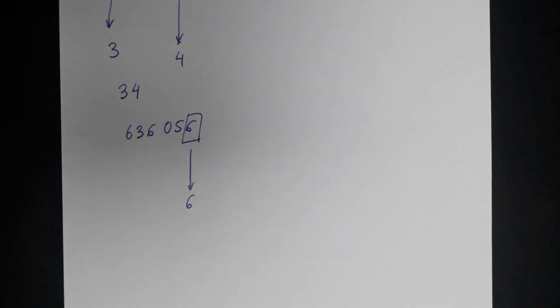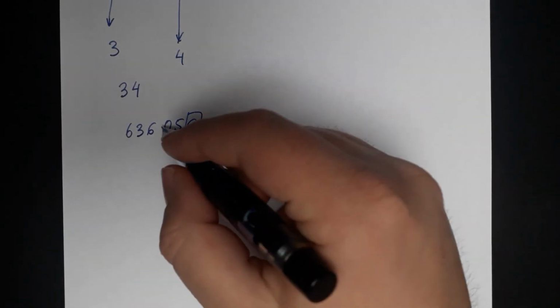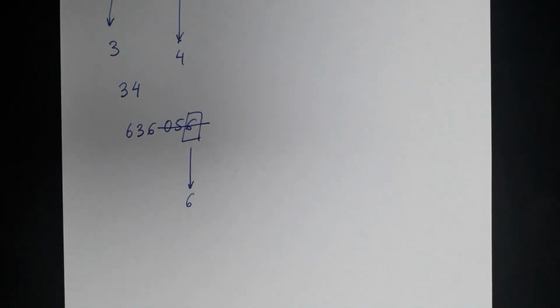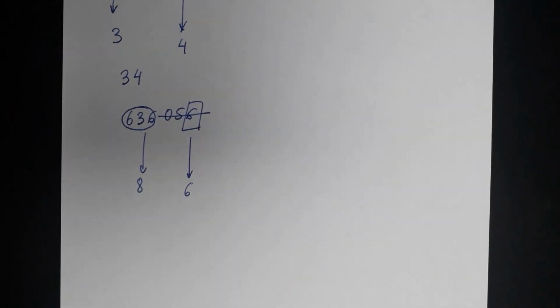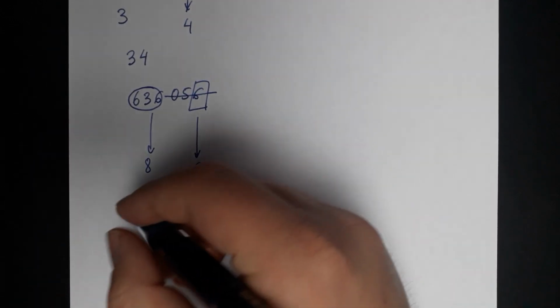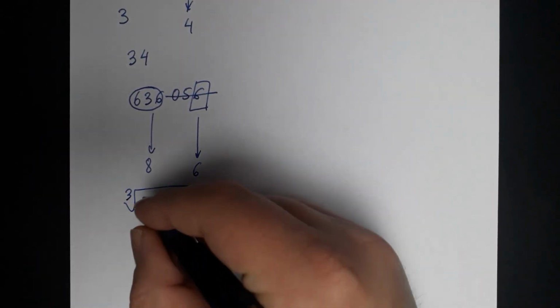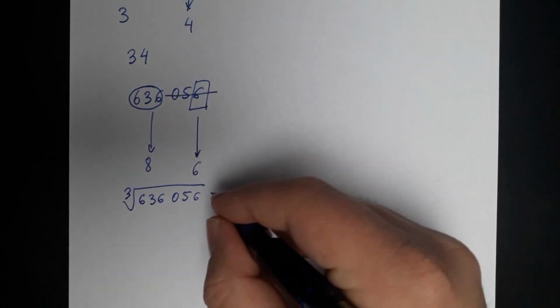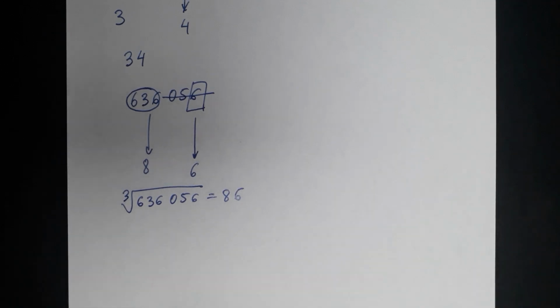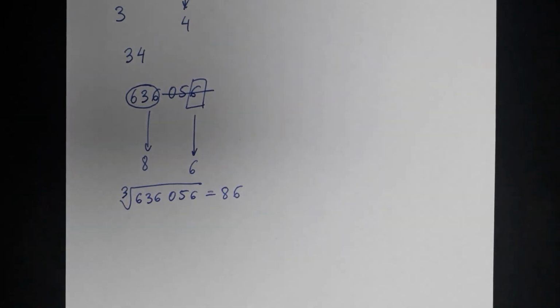You are now going to ignore the last 3 digits of the number, and that leaves you with a number 636. That number is between the cubes of 8 and 9, so you put down 8. As you can't overflow. And there you finally have your answer. The cube root of number 636,056 is 86. So this is the number that your friend has imagined.